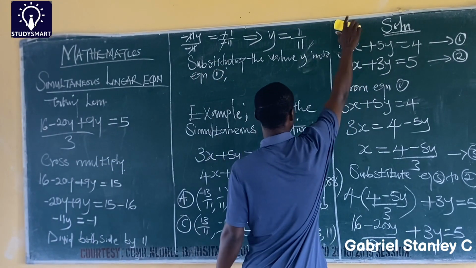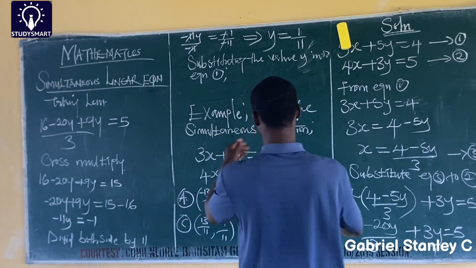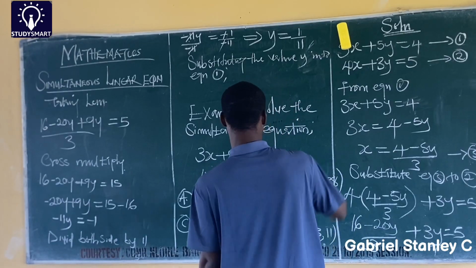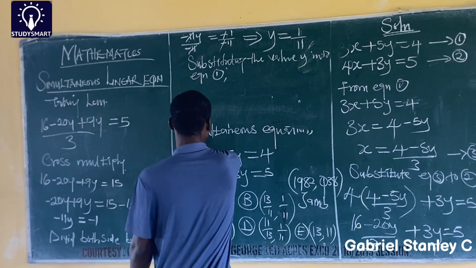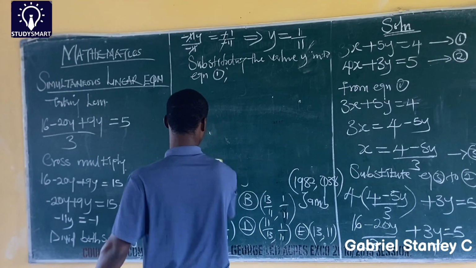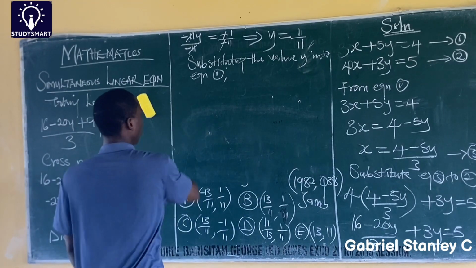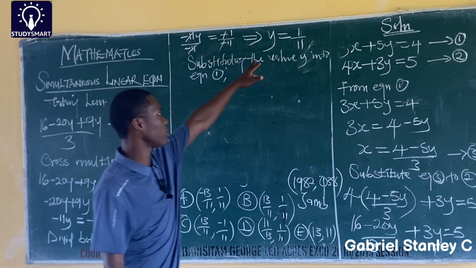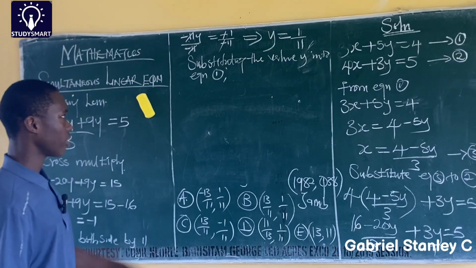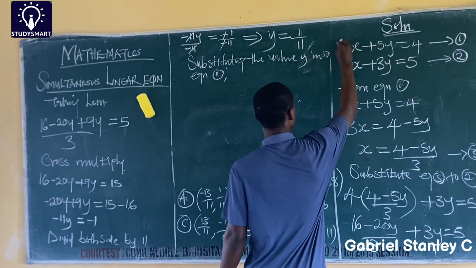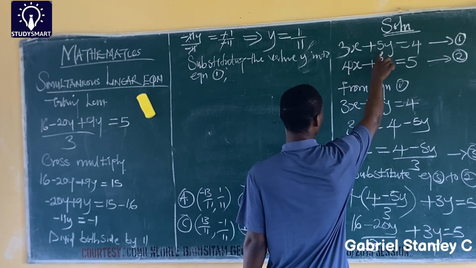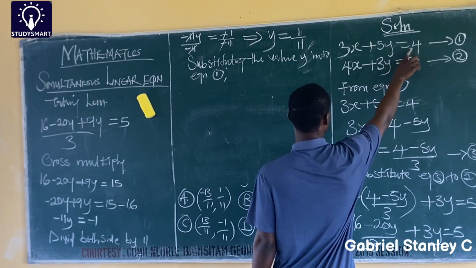So I want to leave this question, let me just leave the options here. Alright, so in substituting the value of y, which is 1 over 11, into equation 1, my equation 1 here is 3x plus 5y equal to 4.